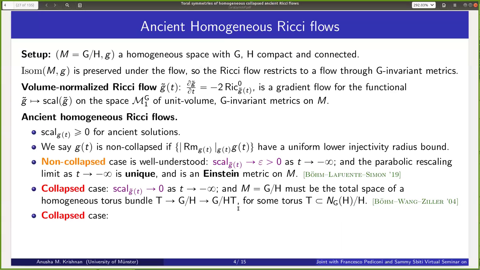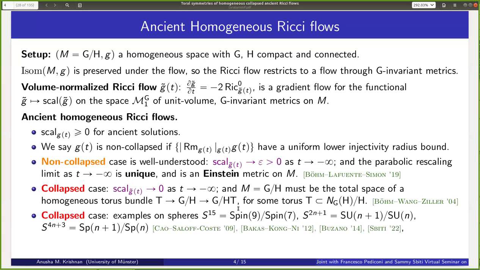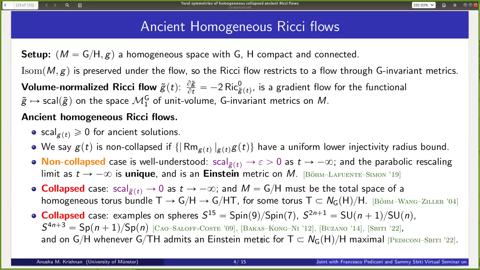What else? There are a number of examples of ancient collapsed homogeneous Ricci flows. There are several examples on homogeneous spheres, due to works by a number of authors. And I will also mention this result by my collaborators, Pediconi and Sbiti.